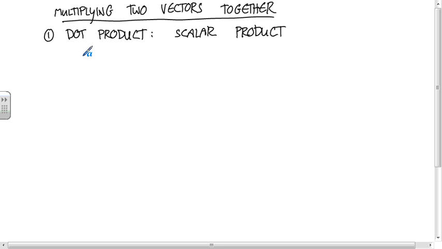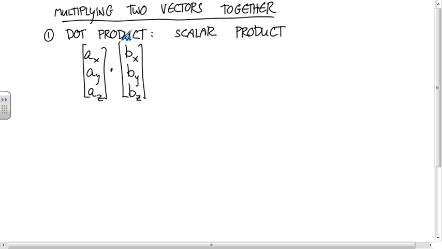And the dot product between two vectors, if you have ax, ay, and az, and you're taking the dot product with bx, by, bz, it gives you the value ax bx plus ay by plus az bz.